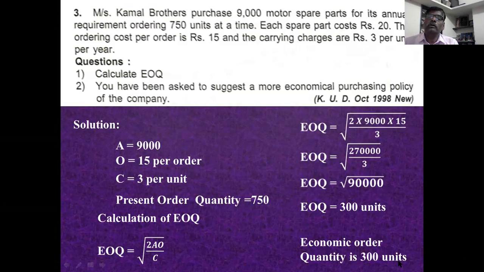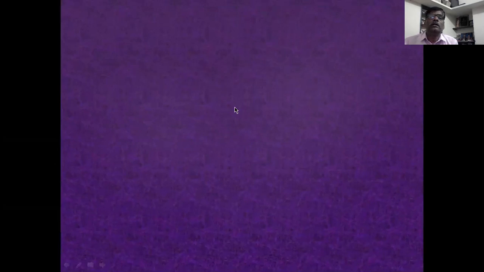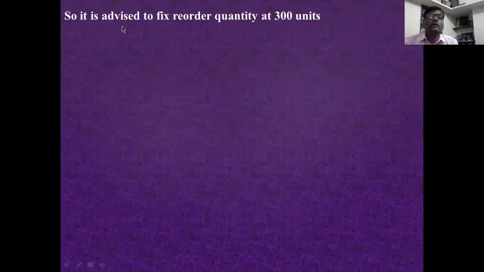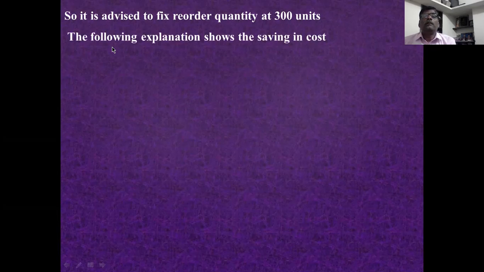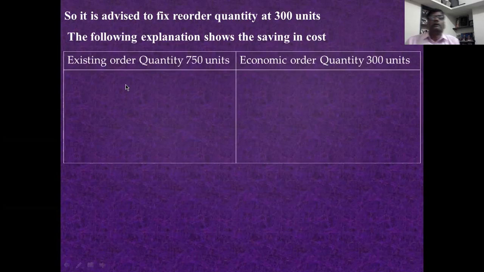This is the point you clear. And you see here, it is advised to fix reorder quantity at 300 units. This is the suggestion. Then the following explanation shows the saving in cost. You see the table.